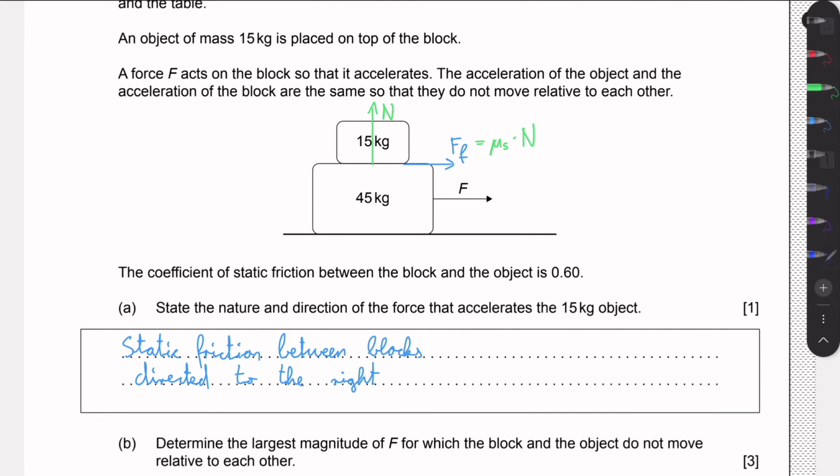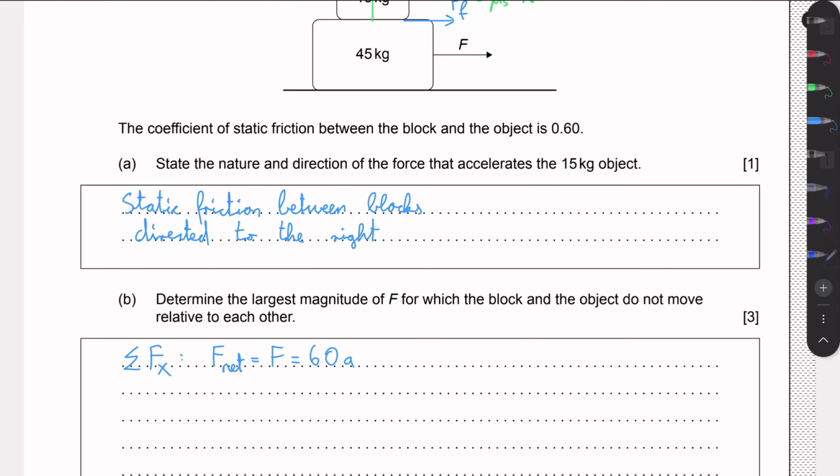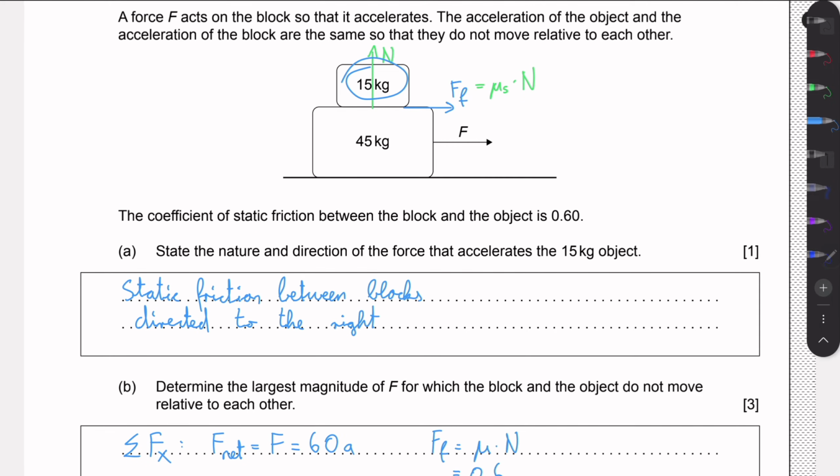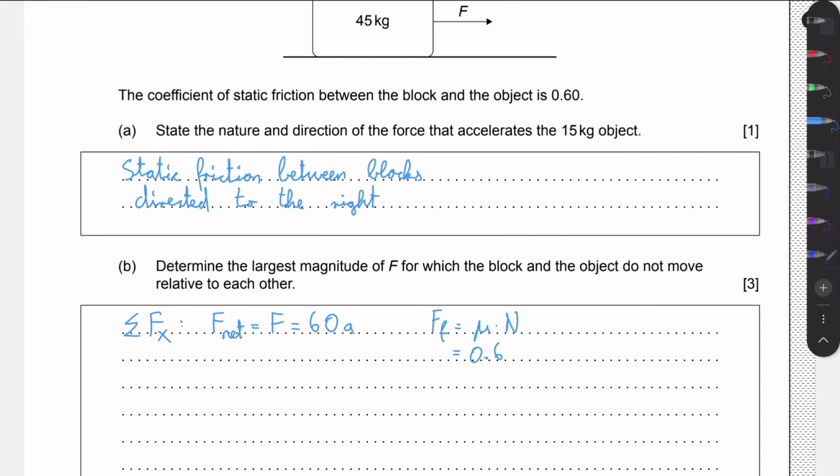So we can say that the frictional force is equal to mu times N. We know the coefficient is 0.6, and we can also calculate the normal force, as that's just the mass of this object times g. So 15 times 9.81. So this is 88.2 newtons, like this.